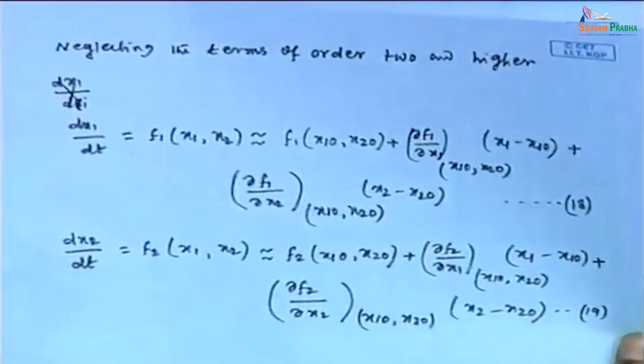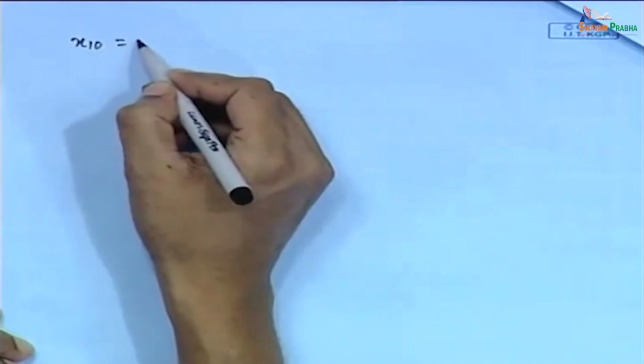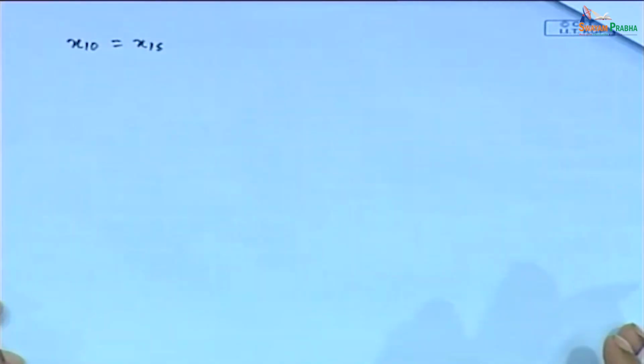What is the next step? We wish to represent this linearized model in terms of deviation variables. So, we need to write the equations considering steady state. At steady state, we assume that x1 naught equals x1s. Basically, we are replacing the suffix 0 by s.